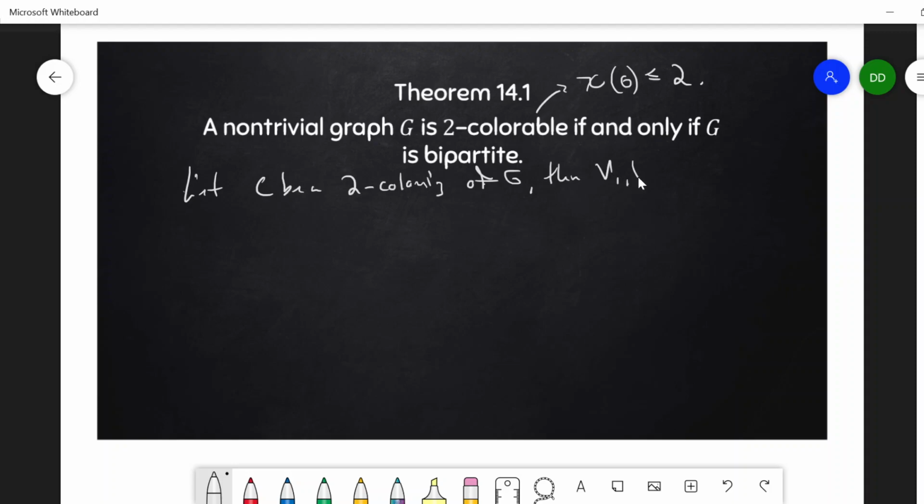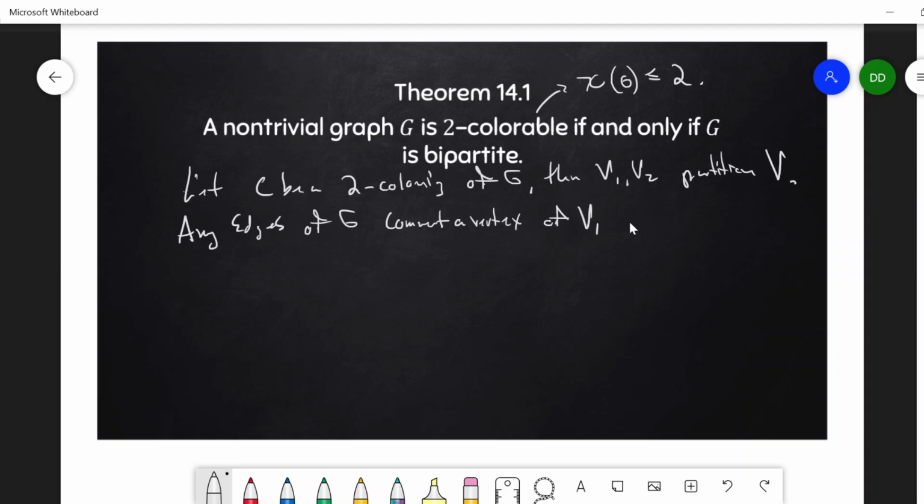Then V1 and V2 are my color classes, and these partition my vertex set. It follows that any edges of G connect a vertex of V1 with a vertex of V2.